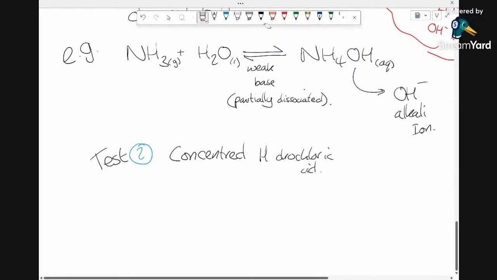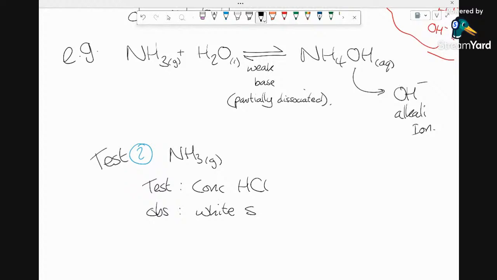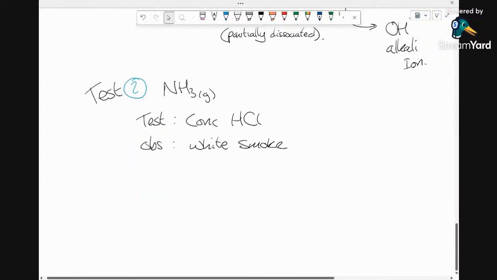So by the way, this is the test. Test 2 for ammonia gas. Test is conc HCl. And the observation is going to be white smoke. We saw this in our organics video when we were testing for the amines.